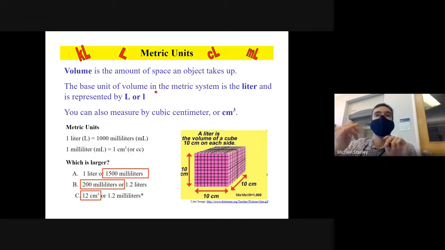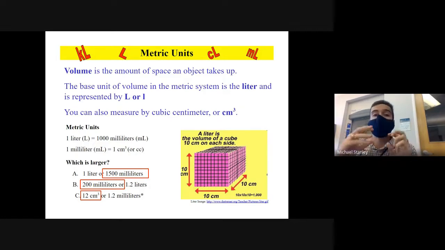So we've got our length: we're using meters and kilometers and millimeters and centimeters. For weight, we're using kilograms, milligrams, and grams. And for volume, we're using liters and milliliters. So again, this is how all scientists across the world take measurements and observations.